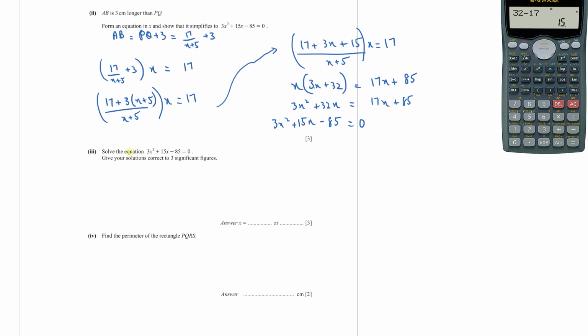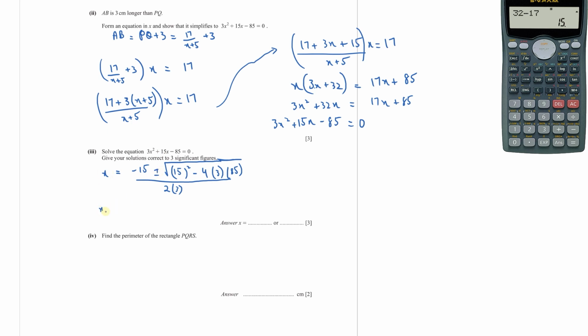Part 3: solve this equation, giving your solution correct to 3 significant figures. So we can use the quadratic formula here. x equals minus b, which is 15, plus or minus the square root of 15 squared, which is b squared, minus 4ac. a is 3 and c is minus 85, and then divided by 2 times a, which is 3.